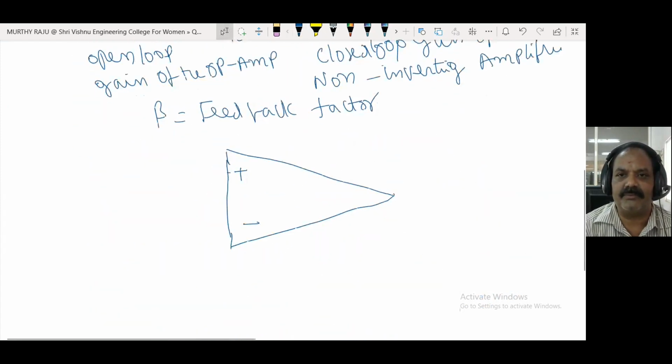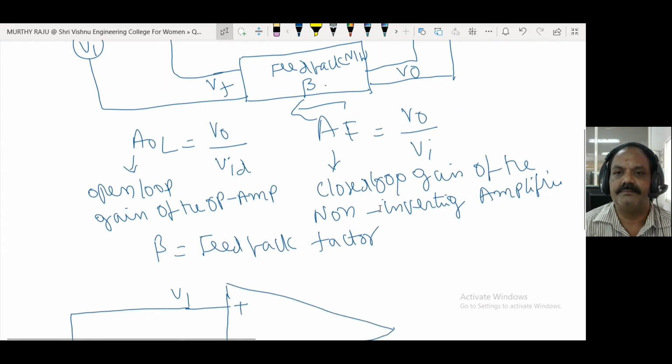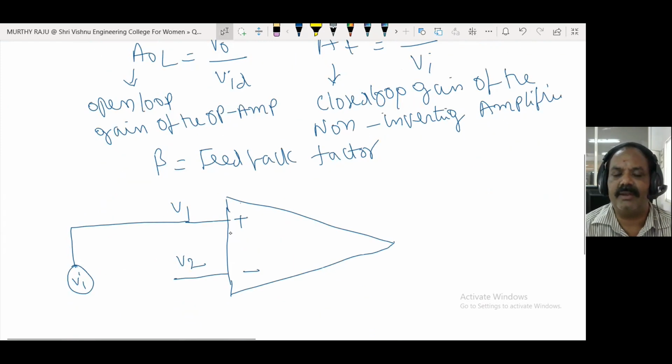Here plus is the V1 voltage. The voltage source VA is connected to the non-inverting terminal of the op-amp. This one is V2. In between plus V1 and minus V2, a differential voltage is there.